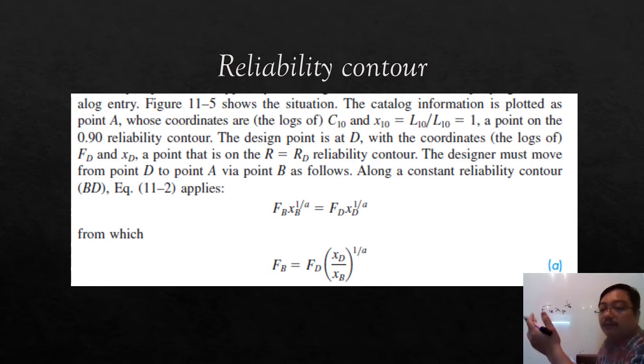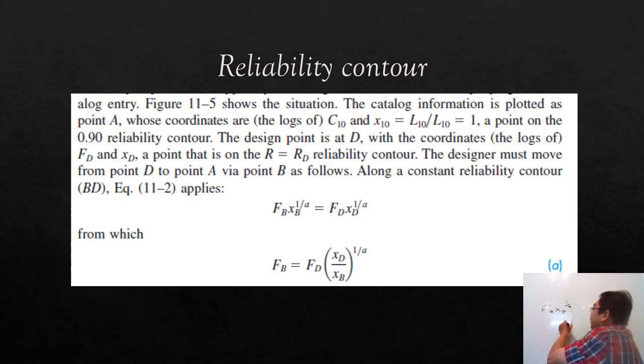You can find this equation in the introduction chapter if you have the book. Just want to remind you: a for ball bearing is 3, and a for cylindrical and taper roller bearing is 10 over 3.